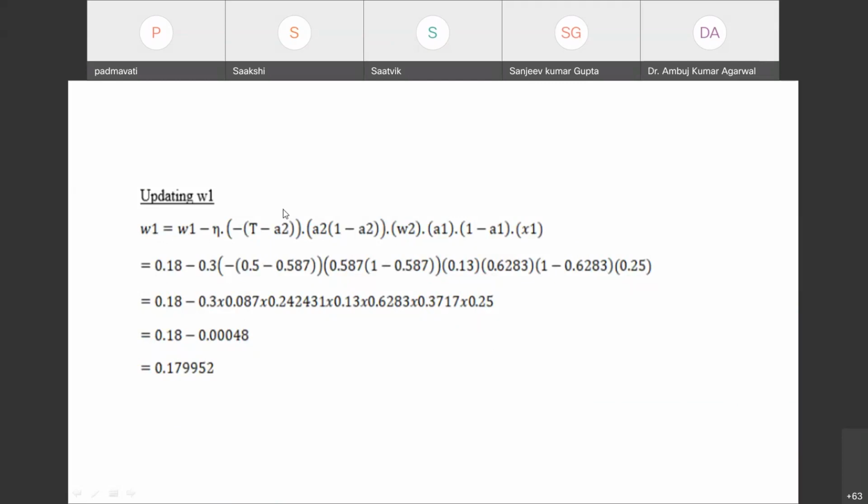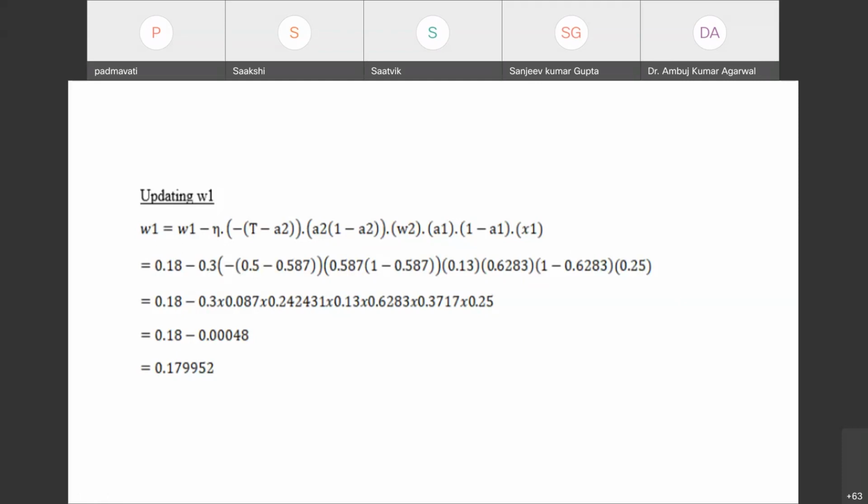We know these values. A few of them we have computed, and a few are given in the network, W1 was given, right? So you can compute the updated value for W1. Now you compute the updated value for B1 as well.